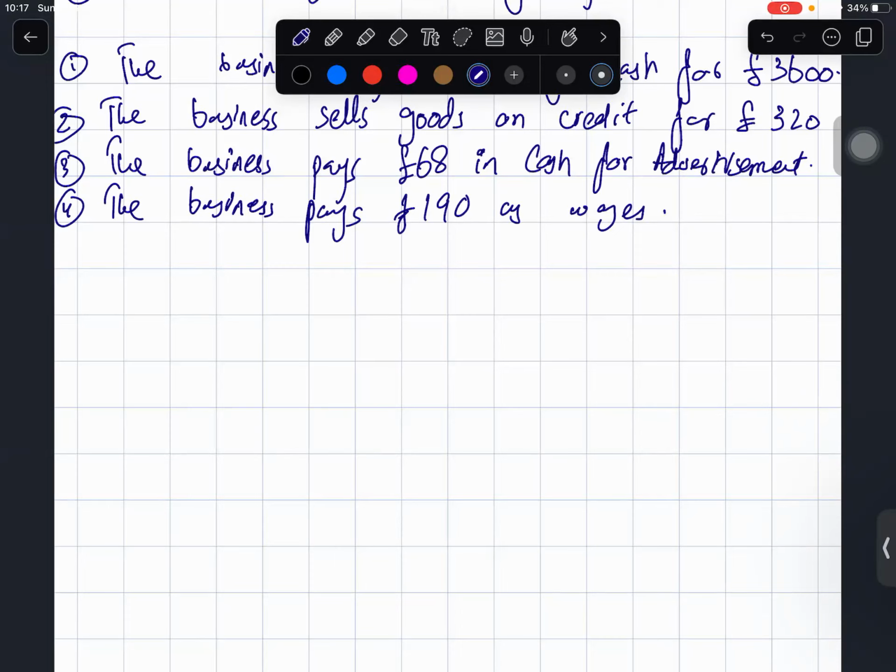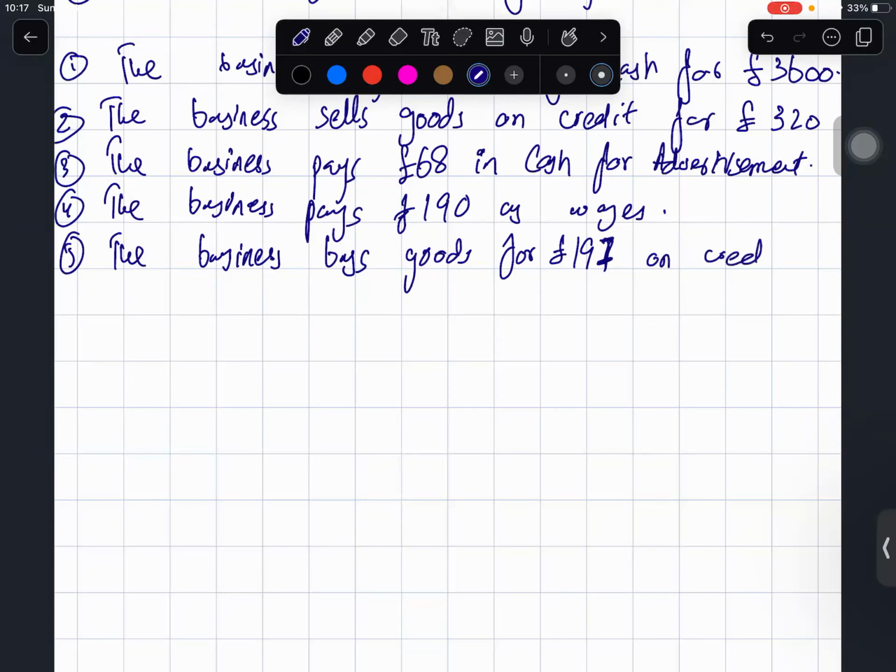And then the last one is the business buys goods for £197 on credit.